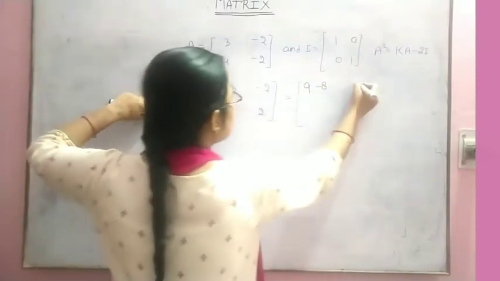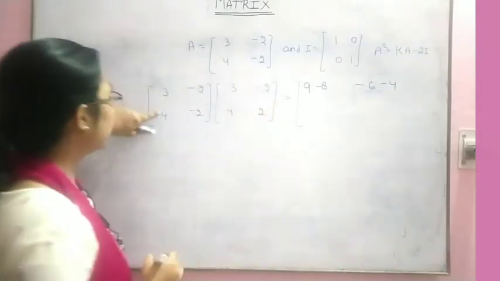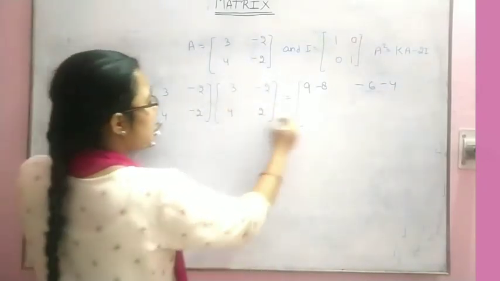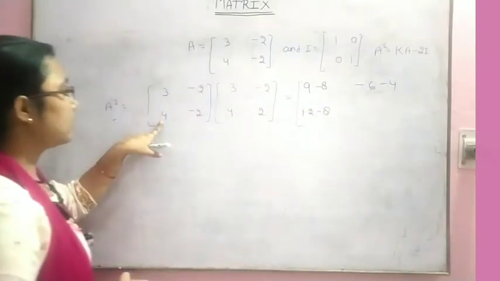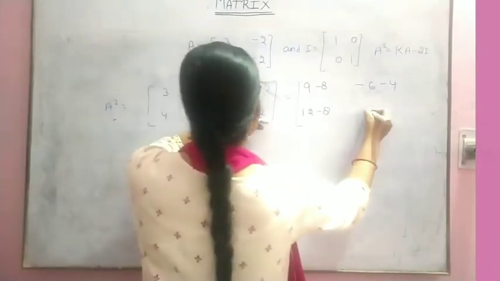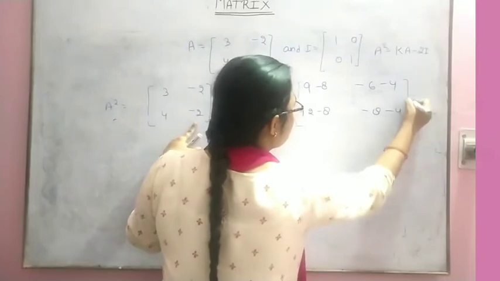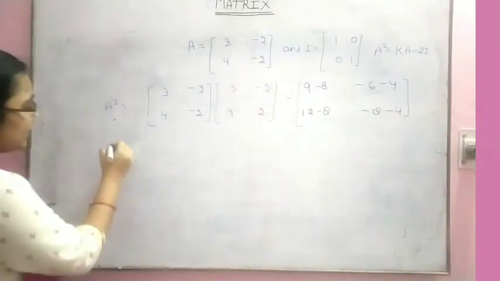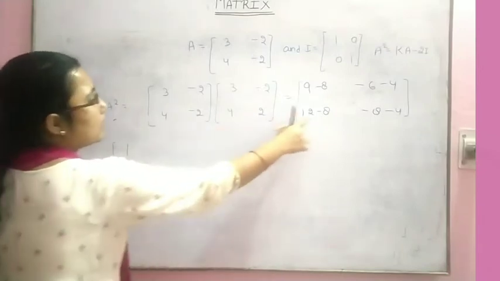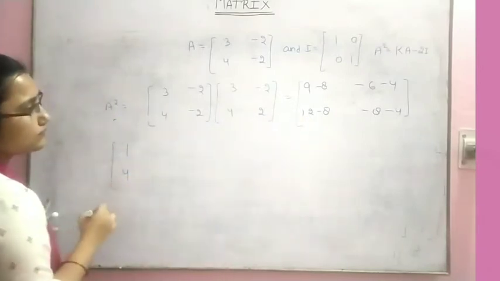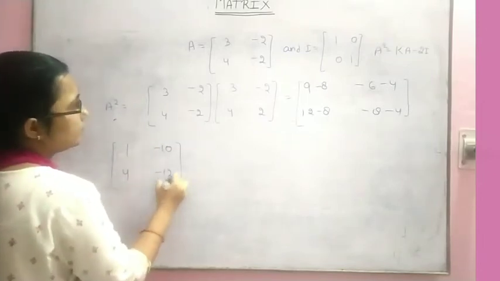Again 3 times 2 is 6, minus 6, and 2 times 2 is 4, minus 4. Now 4 times 3 is 12 minus 8 and 4 times 2 is 8, 2 times 2 is 4. This is minus 4. We get in place of A square, 9 minus 8 is 1. This is 4. This is minus 10 and this is minus 12.